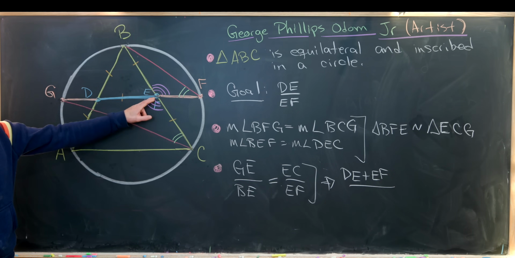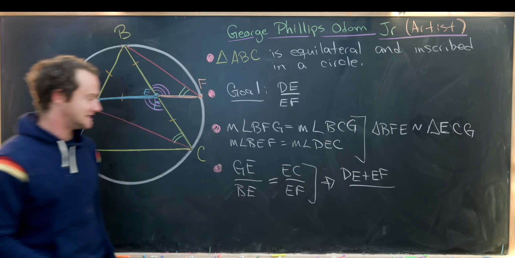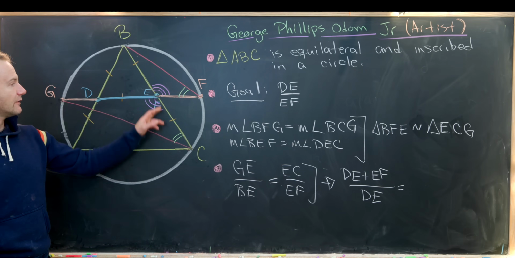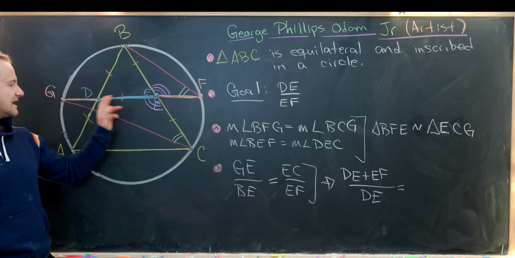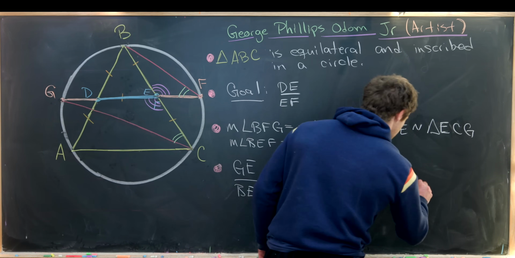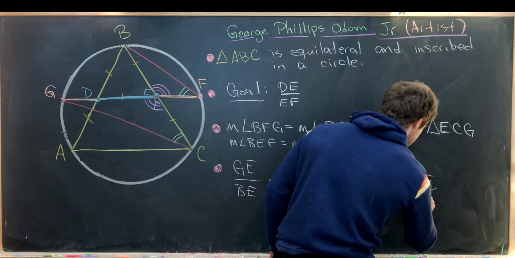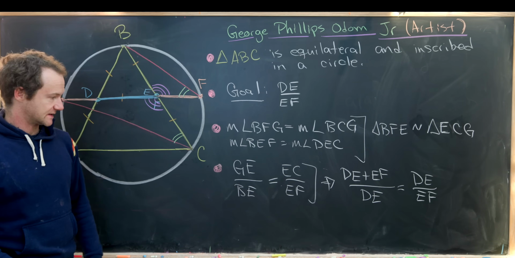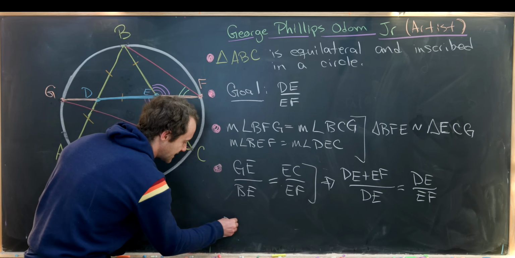But let's notice that BE, because it's a side of an equilateral triangle, is the same thing as DE. So we'll write that instead of BE. And now we look at EC, but since this was a midpoint, that's the same thing as DE. So we'll write this as DE, and then we'll leave the EF alone. Okay, so we've got something like this. But now we can do a little bit of simplification.